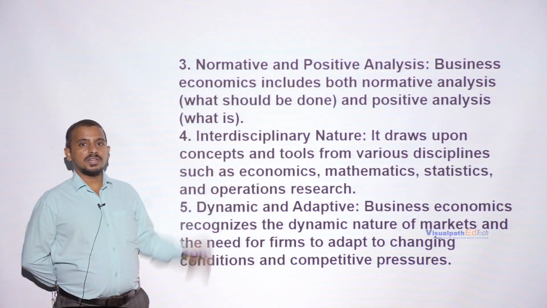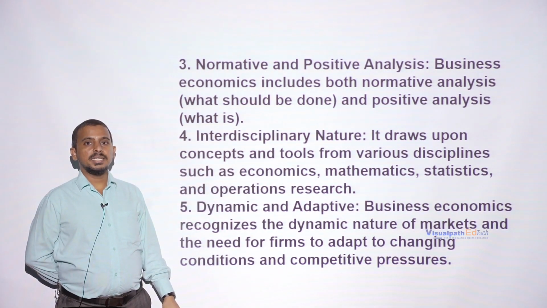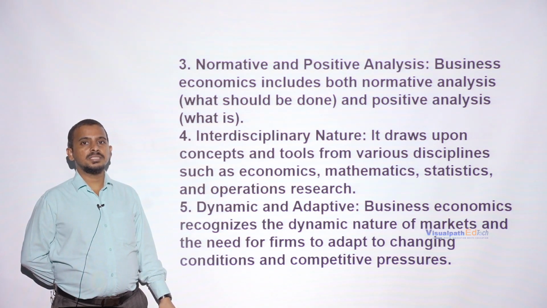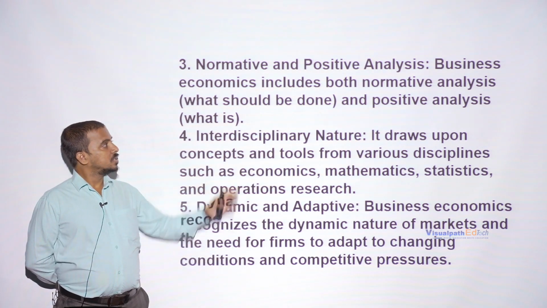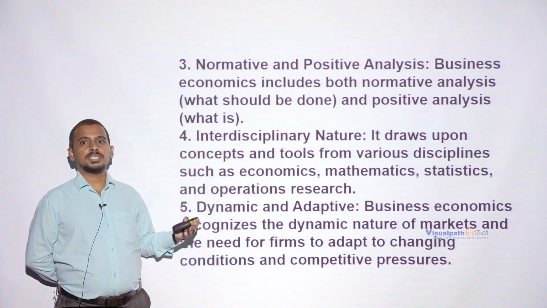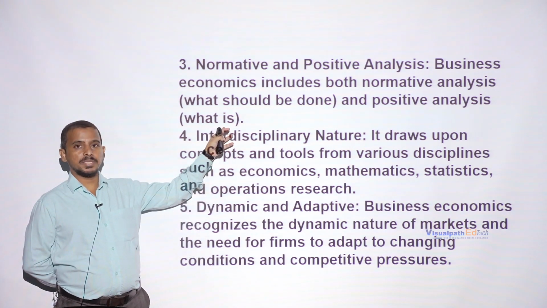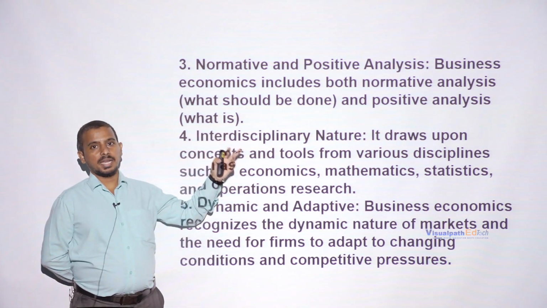Suppose the poverty rate of a particular country is 25%. It means 25% of the population is poor. So, if we are studying how much of the population is poor, what is the rate of poverty, it is saying 25%. So we are using the positive analysis.